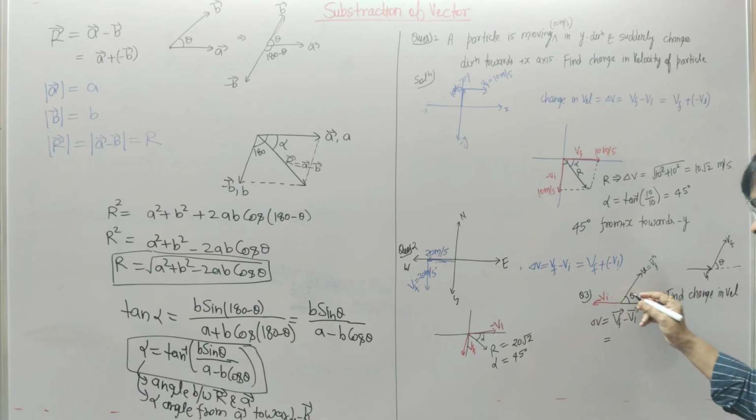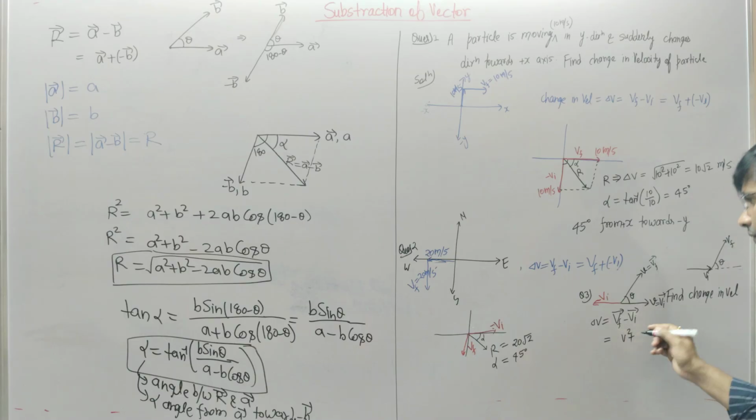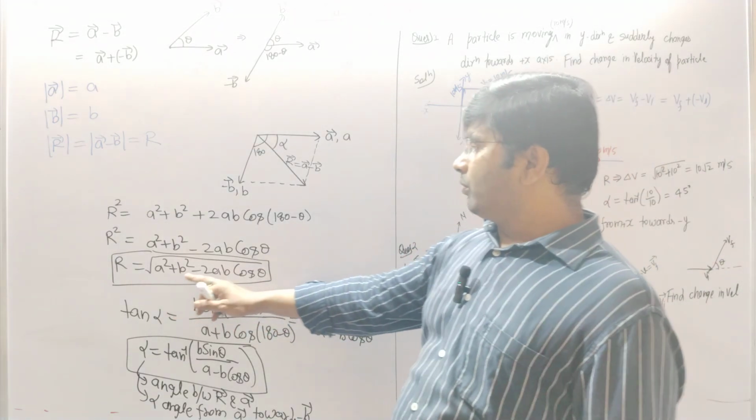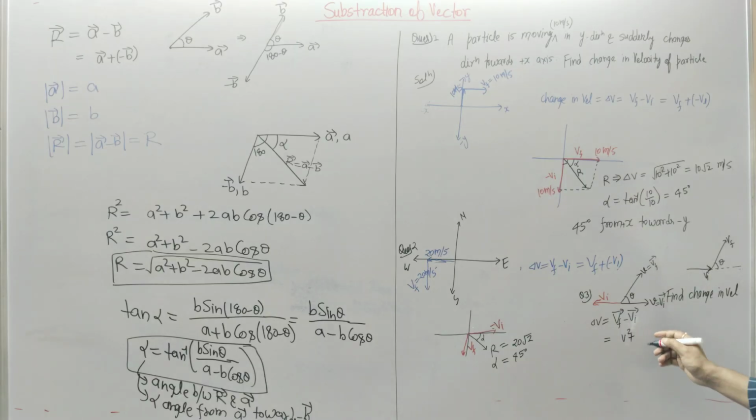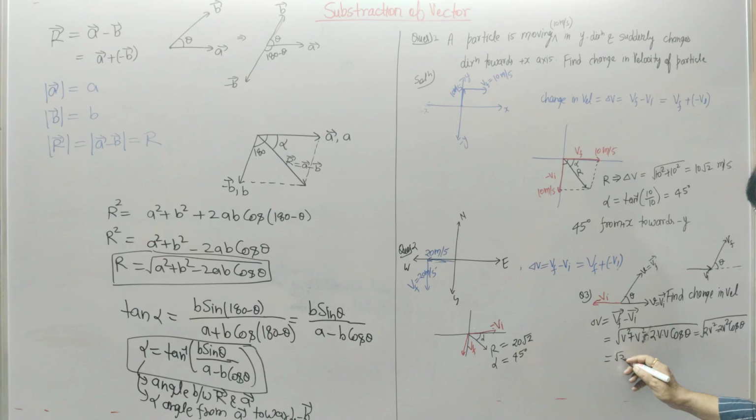This resultant will be, this is V square. What is the formula? This formula. Both vectors here I have taken as V. So I can write V square plus V square minus 2 into V into V cos theta. Now this is 2 V square minus 2 V square cos theta. You can take common root 2 V outside, inside 1 minus cos theta.